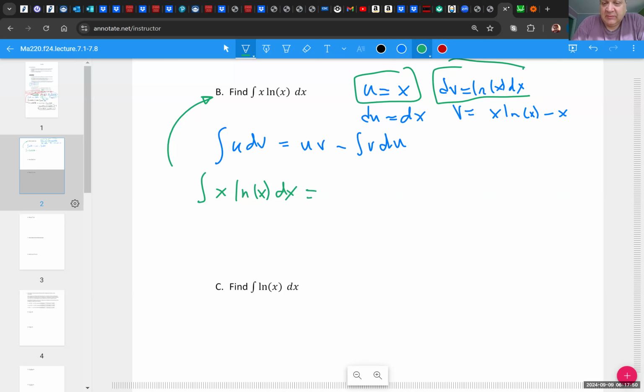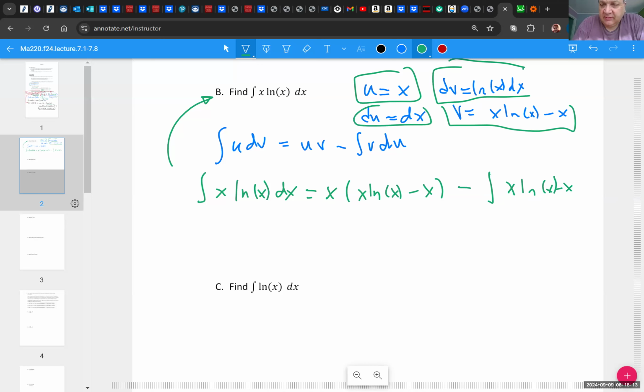And then we get u times v. Here's the v down here. So I get x times (x ln x minus x). And then minus the integral of v, which is x ln x minus x. And then du is over here, so du is just dx.